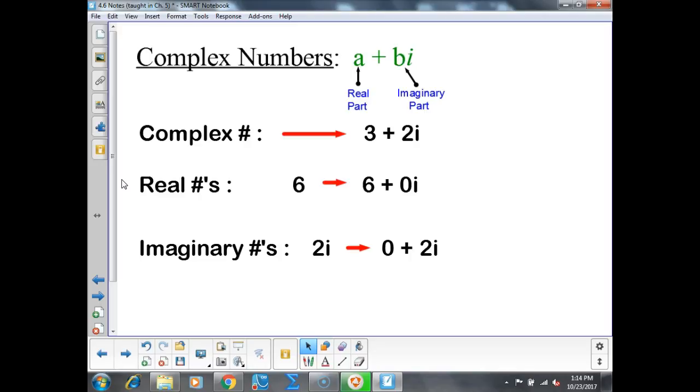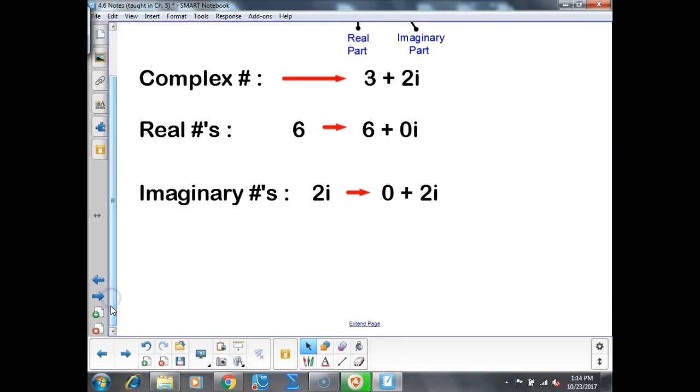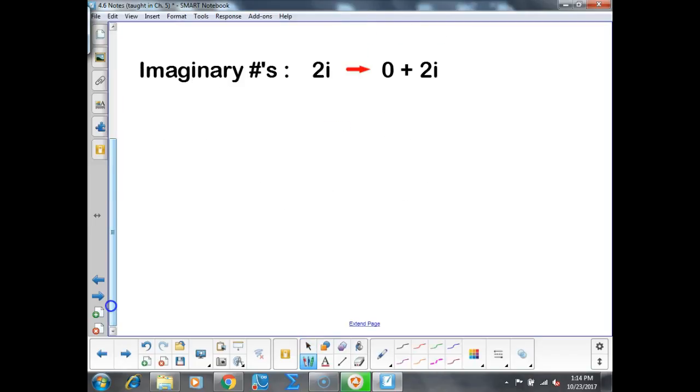But through all of that, there is one bedrock foundation that we live by with imaginary and complex numbers. And that is i squared is -1.